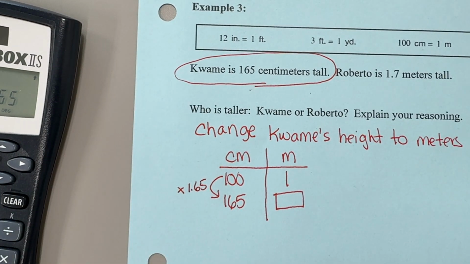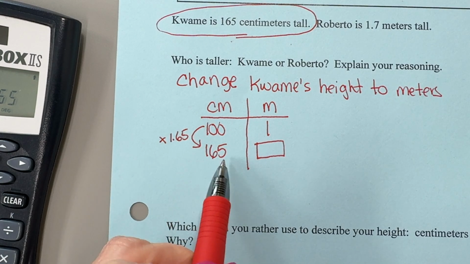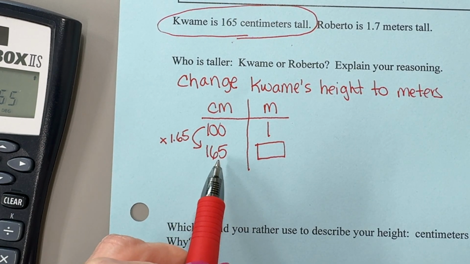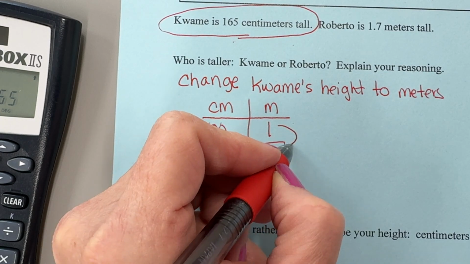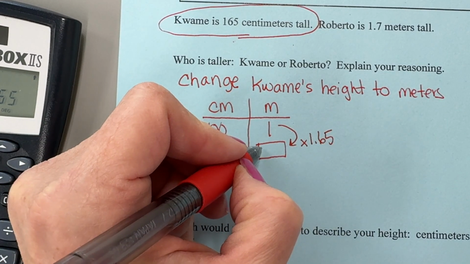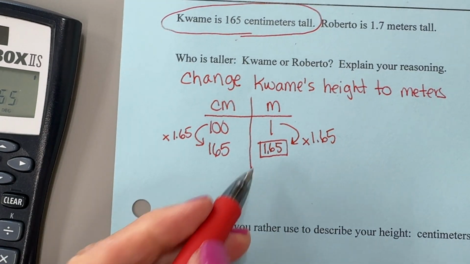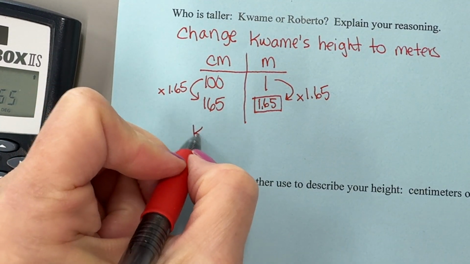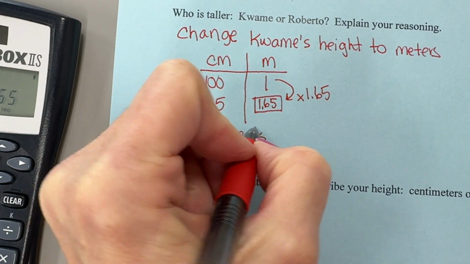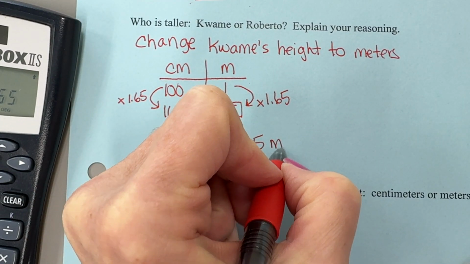And that would make sense using our little trick, because if you zhuzh this decimal 2 to the right, you get 165, and multiplying by 100 is zhuzhing 2 to the right. Then we have to do it over here, times 1.65, and that's going to be 1.65. And so Kwame is 1.65 meters tall.